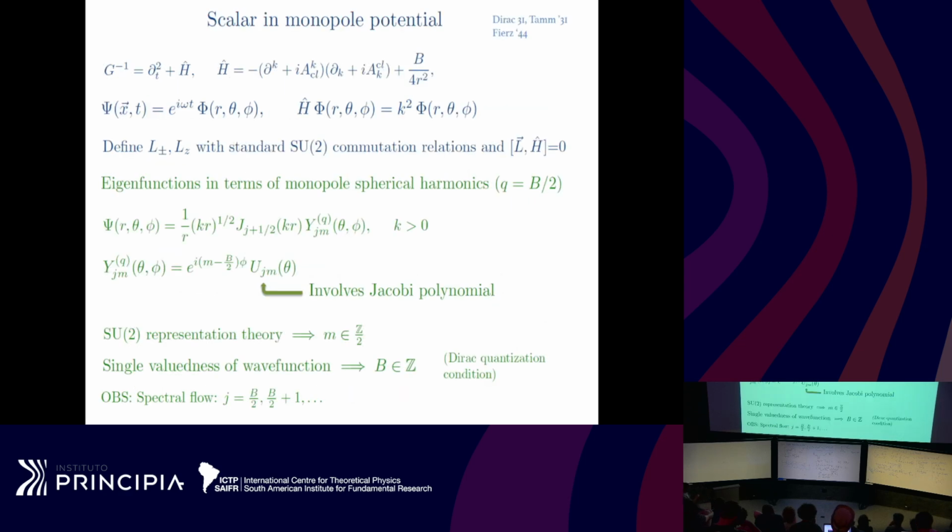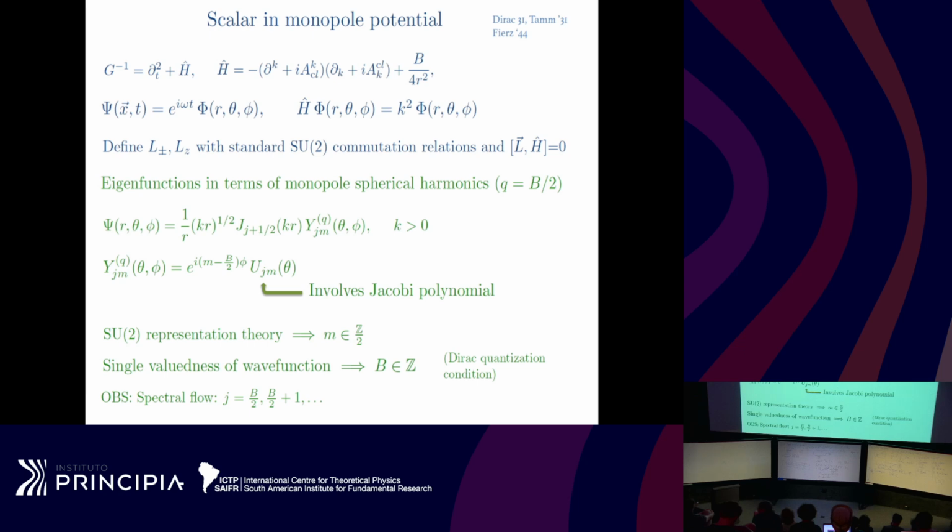Okay, so here is first the scalar case, a scalar in a monopole potential. In that case, the inverse propagator, the quadratic term of the action, looks like this, up here with a time derivative and then some Hamiltonian, which is the standard Hamiltonian of a scalar in a monopole potential.